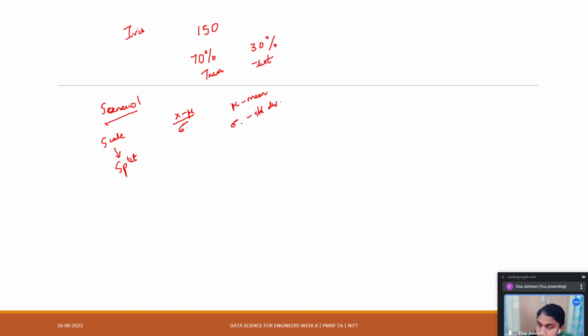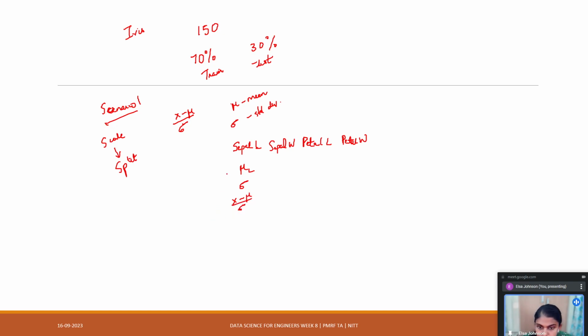The columns are sepal length, which I'll denote by L, sepal width, petal length and petal width. For each column I calculate mu and the standard deviation, and for each data point I compute (x minus mu) by sigma.